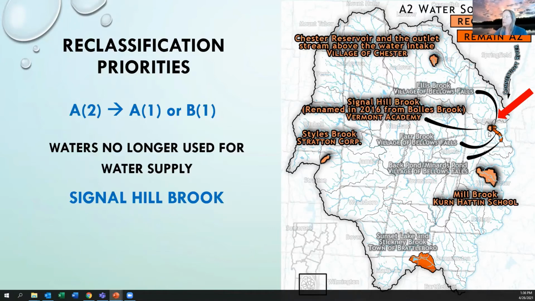So that's this little one here that's circled in black. I'm proposing that, and I have already confirmed with the school that they do not use this for drinking water. That's just one example. We want to protect that water because it's still close to their drinking water wells, but the surface water itself is not used for drinking water. And we have a number of those throughout the basin that I'll be working on.